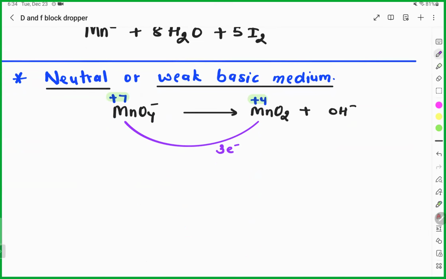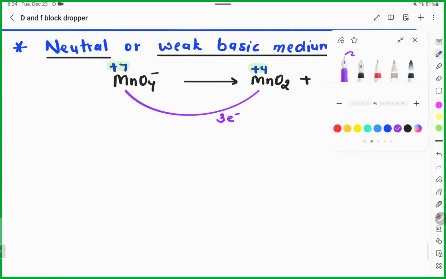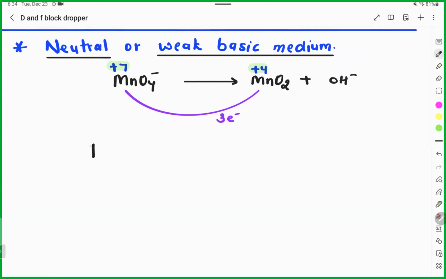Because of this, even the product will be different. Why is the product different? Because electron transfer is different. Example, in this situation you will see iodine, which in acidic medium was converting into I₂.